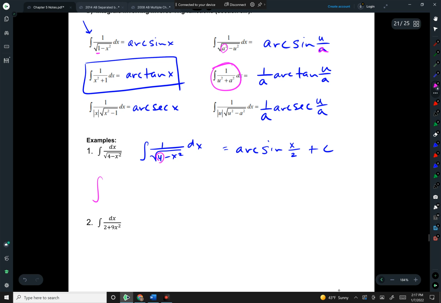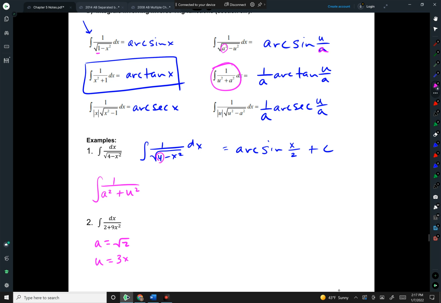Remember, here's my formula: 1 over, I'm going to write it like this, a squared plus u squared. So isn't this the u squared and this the a squared? Because the u is what has the variable, correct? So does it make sense that a is square root of 2 on this one? What is the u? 3x? Everybody hanging with me here?